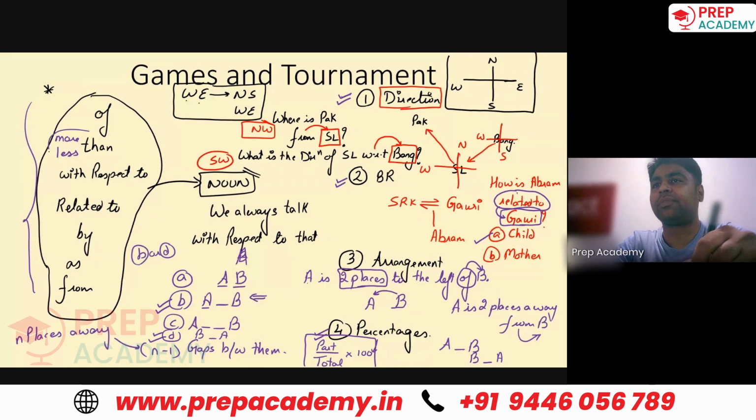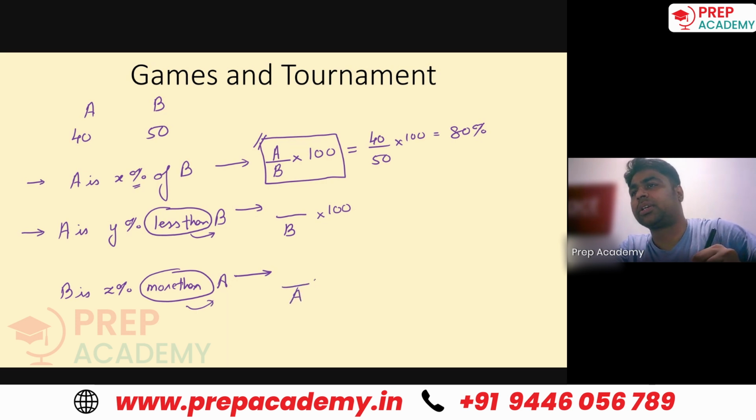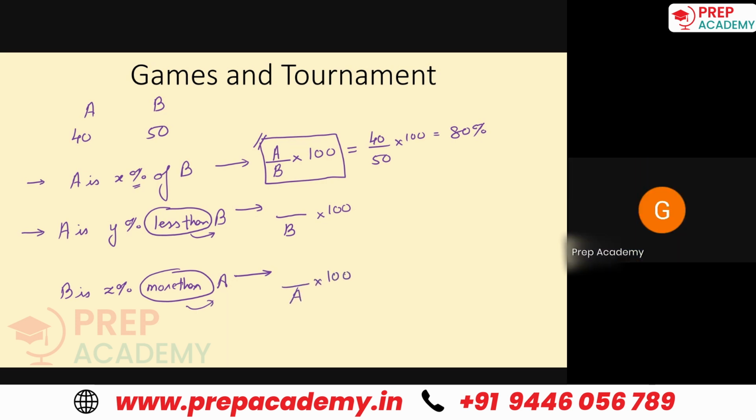After the word than, whichever noun comes, we'll take it as a base. So after the words less than, because B comes, B will be in the denominator. Here, after more than, A comes, so we'll put A in the denominator. Understood this? Yes. So the answer for the second one is 20%. Good.